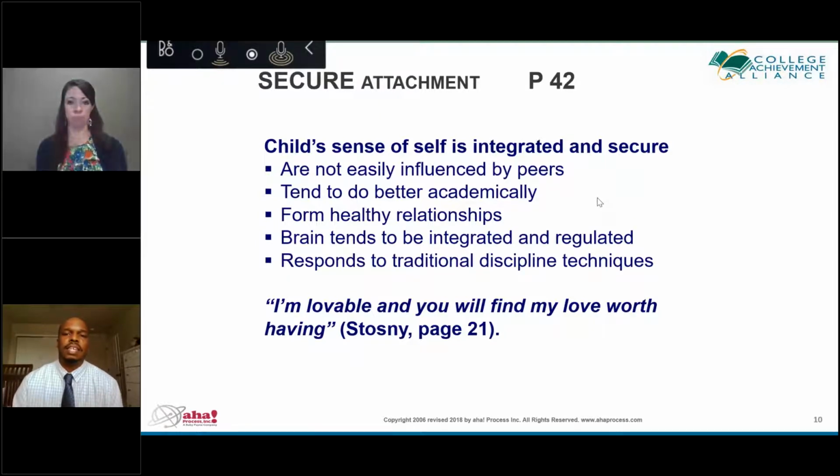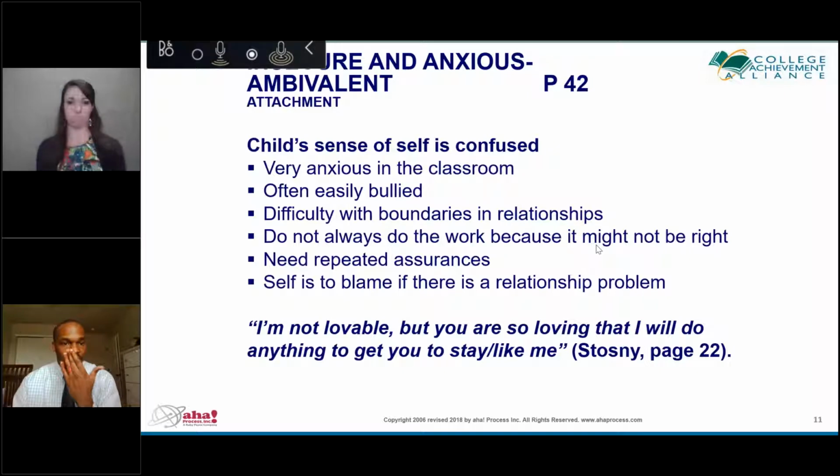But now let's contrast that with someone who's anxious and avoidant or ambivalent. If you look, they're not assured of who they are, and so they constantly try to seek affirmation from various groups. And so what's going on here is, at the end of this slide, you see that the quote is, "I'm not lovable, but you are so loving that I will do anything to get you to stay and like me."